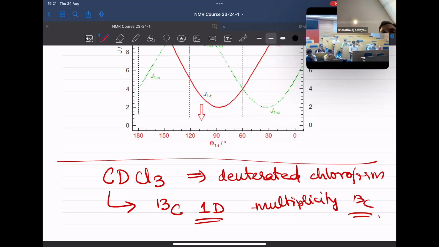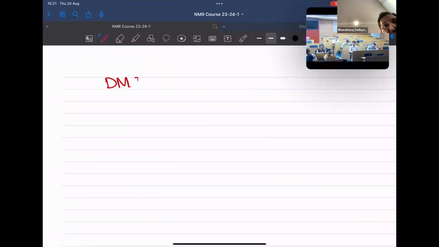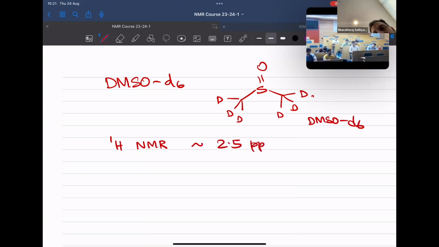Okay. Similarly, if you have answered this, I request you to think about when you have DMSO-d6. What is DMSO-d6? Dimethyl sulfoxide, but instead of having protons, all of them are switched to deuterium. What I request you to do is to find, in proton NMR, when you take DMSO-d6 solvent, it gives a peak around 2.5 ppm.